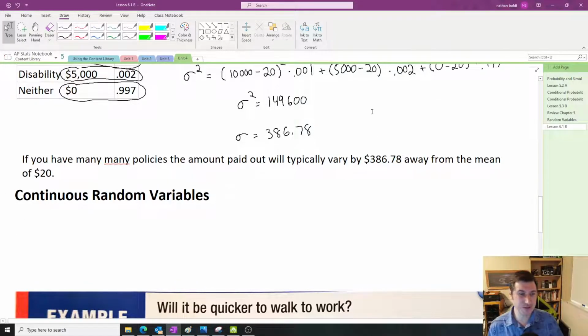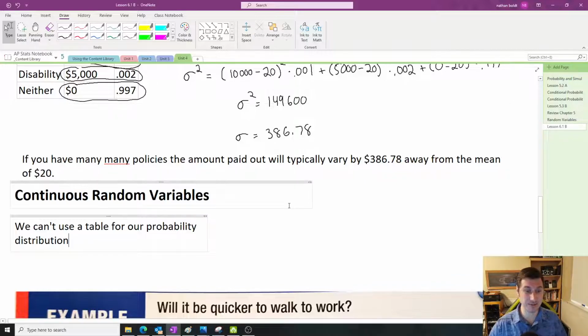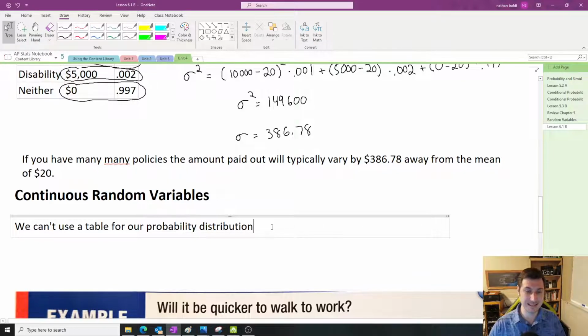So what do we do when we have a continuous random variable where x could be any number? Well, the main thing is our probability distribution is no longer a table, okay? We can't use a table for our probability distribution, all right? Because x can take on any number, we can't put every single number there is in a table. That just won't work.